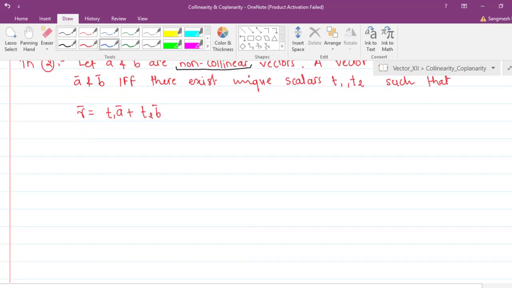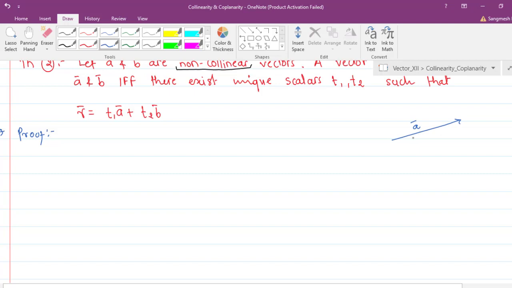So here, the proof. That we will cover in the next part. The theorem is limited to non-collinear vectors, so we will cover this part here. If they are collinear, it is very logical.